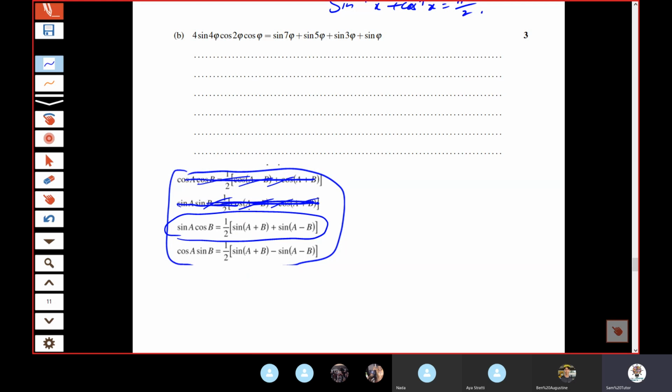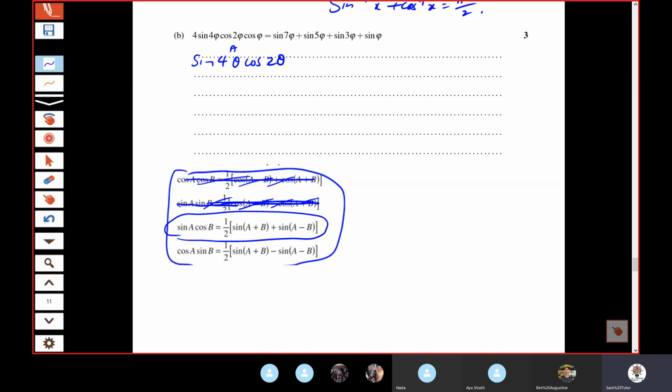And let's see how this works. What do we have? We've got sine 4 theta, let's call this 4 theta instead of omega, cos 2 theta. So sine 4 theta cos 2 theta.